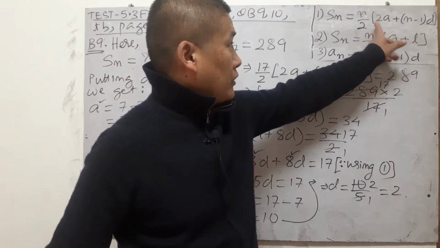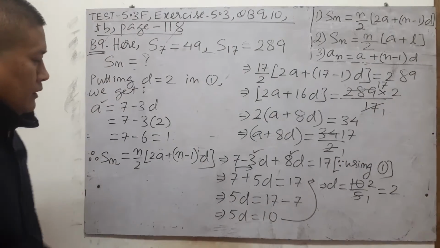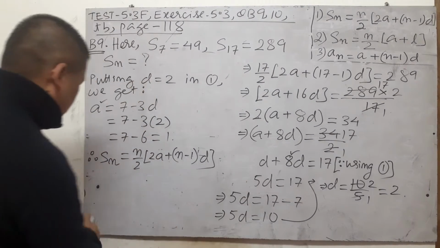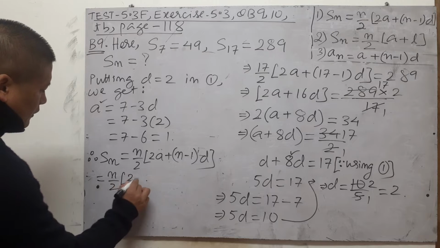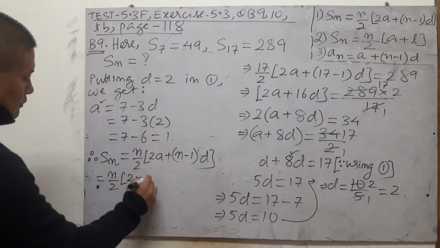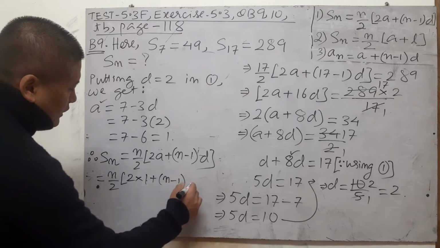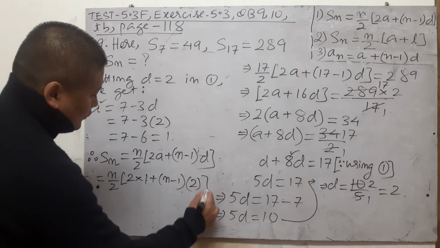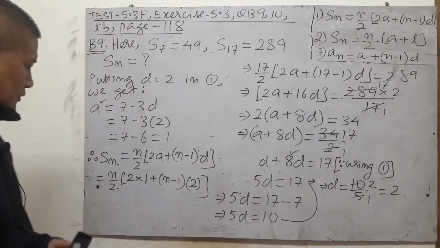This one, the exact thing we have put here. So it's just a matter of solving now. n value we don't know, so n by 2 into 2 into a, just now we got 1, plus n minus 1 into d, and d is 2. As you can see here, d equal to 2, so we put that d as 2.